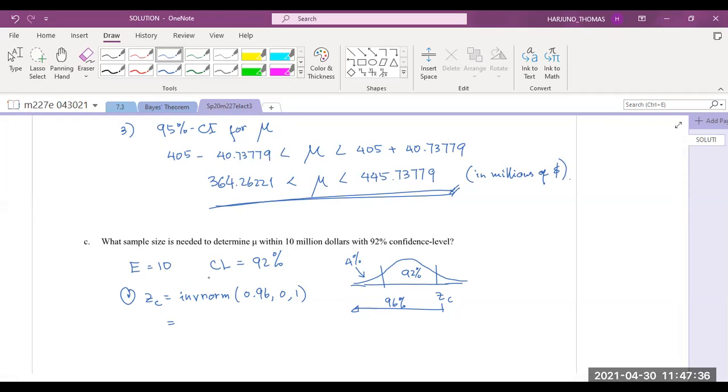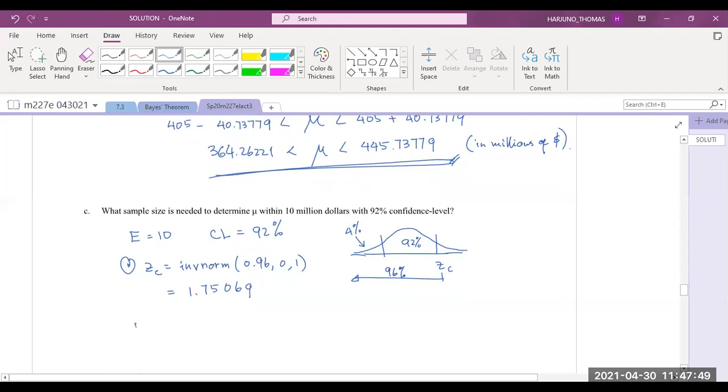Inverse norm of 0.96, I get 1.75069. Then the minimum sample size n will be the ceiling of 1.75069 squared times standard deviation 161 squared over margin of error 10 squared.